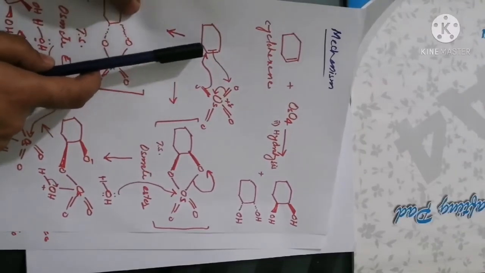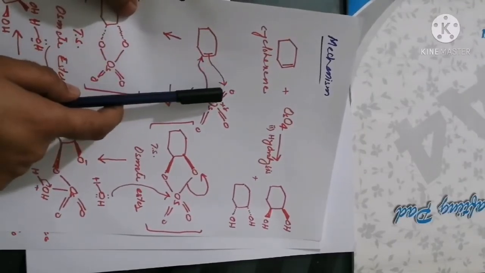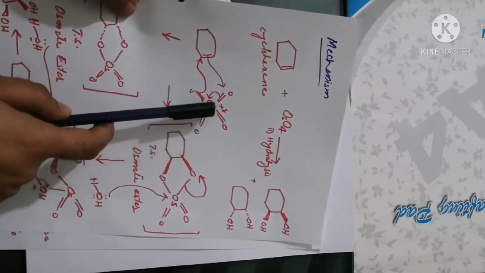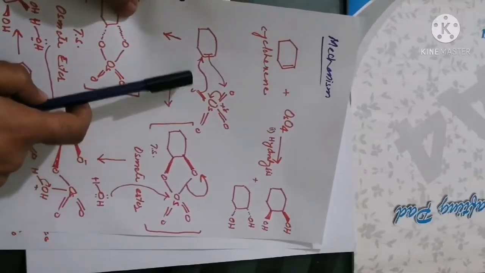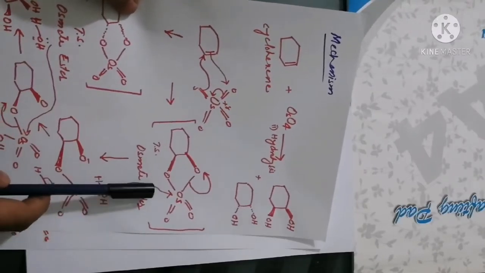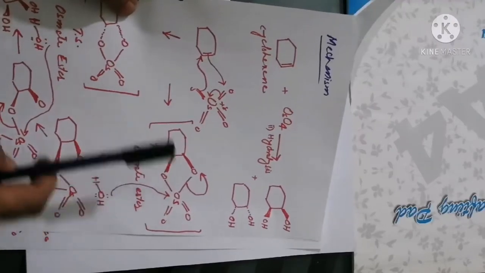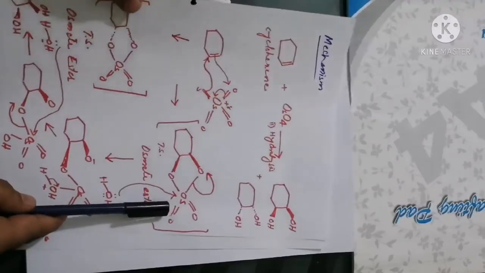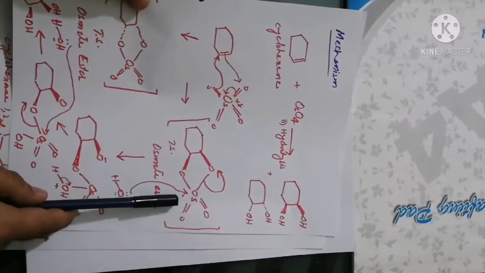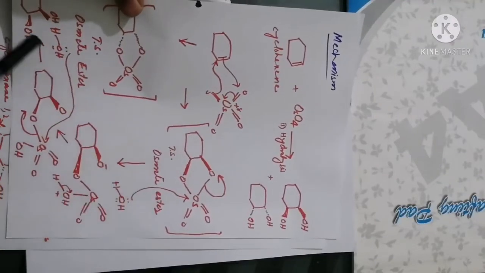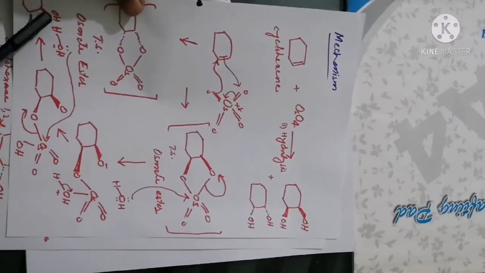First attack of this nucleophile over this oxygen, which is electron deficient because of this cyclic structure. In the first step, we get this cyclic transition state, that is, the cyclic osmate ester is formed. In the next step, the hydrolysis of this osmate ester finally produces the syn 1,2-diols.